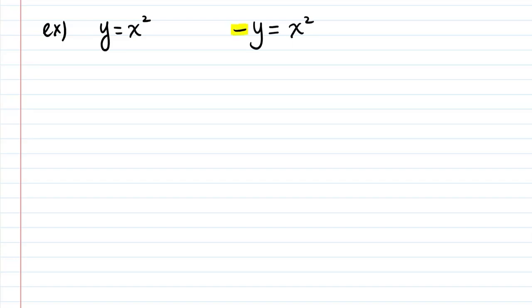This time it has a negative in front of the y variable. So let's draw the graph. This is a very common function called the quadratic function. y is equal to x squared. The shape of the graph will be a parabola. If you want, you can use a table of values to figure out which points you have to use to draw the curve.